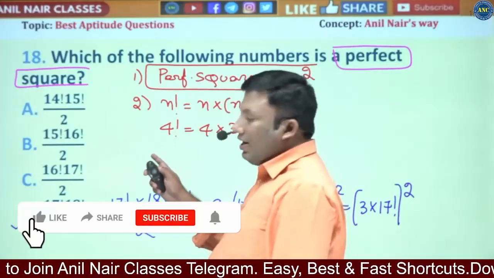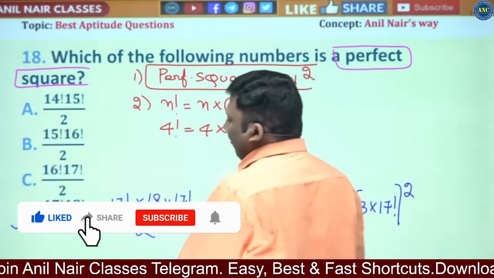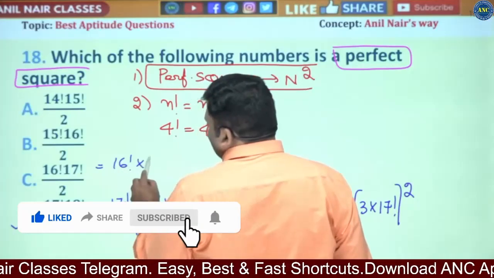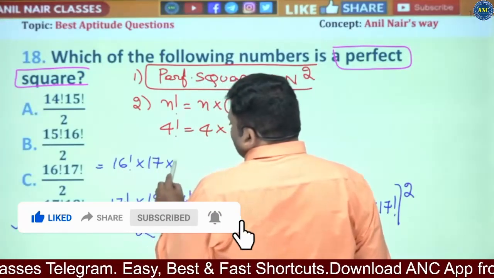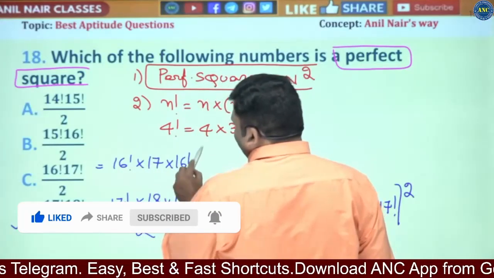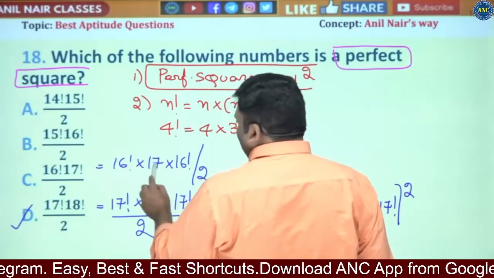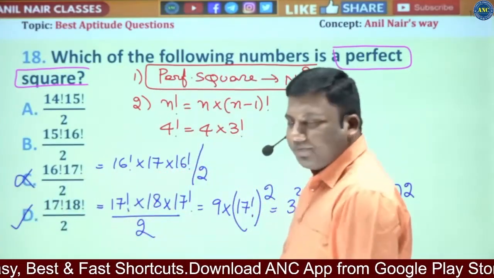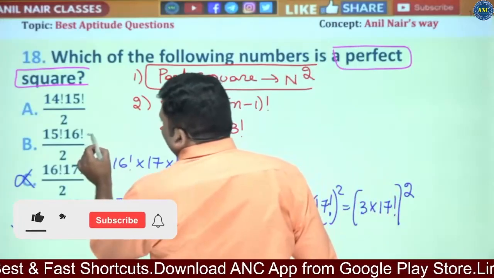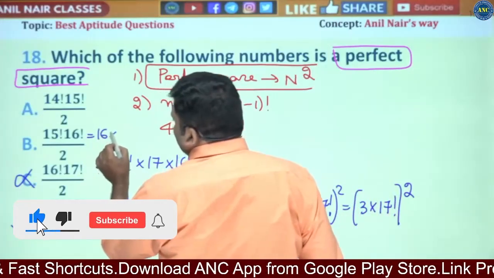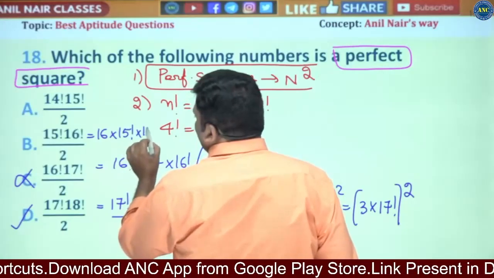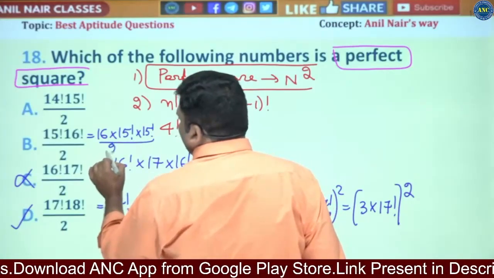Let us also see why other numbers are not perfect squares. So this is 16 factorial into 17 factorial, where 17 factorial is 17 into 16 factorial divided by 2. 17 is not divisible by 2, not possible. This is 15 factorial into 16 factorial: 16 into 15 factorial into 15 factorial divided by 2.